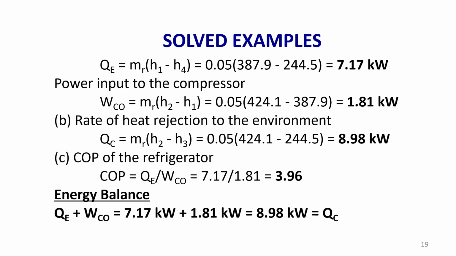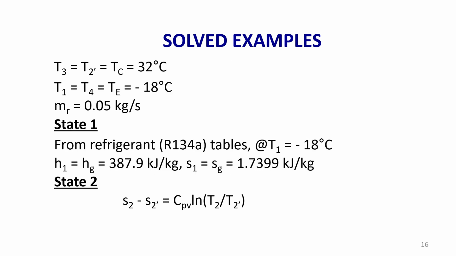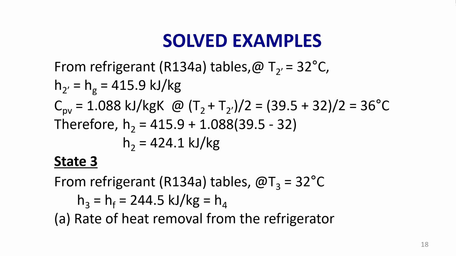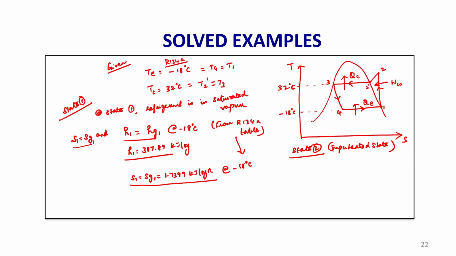Now, I am going to find out the value of this one. I am going to use the isentropic process S1 equal to S2. 1 to 2 is isentropic compression process.